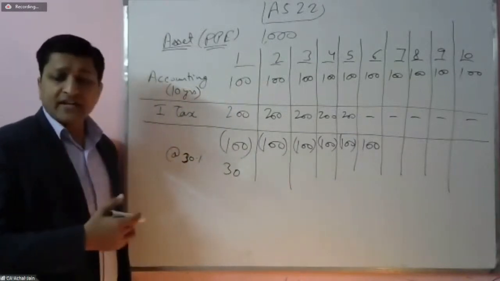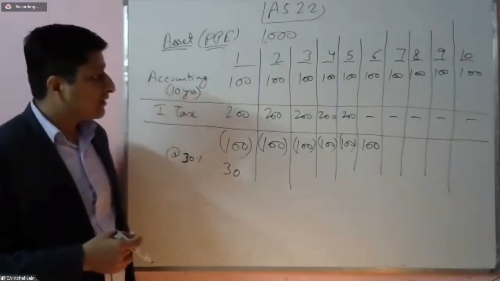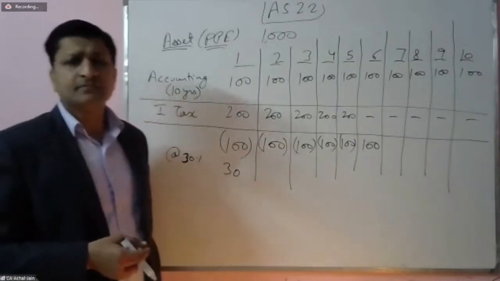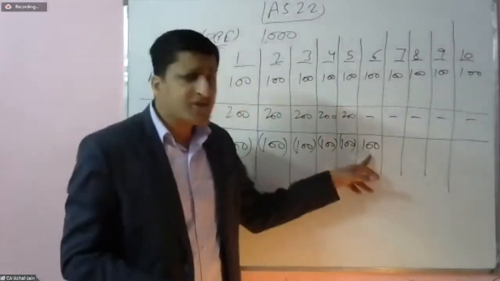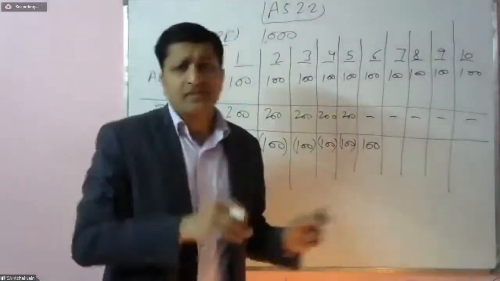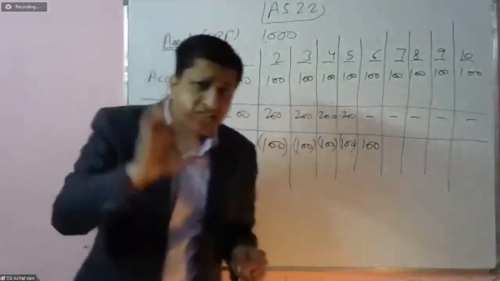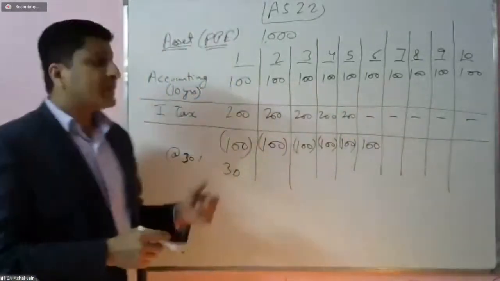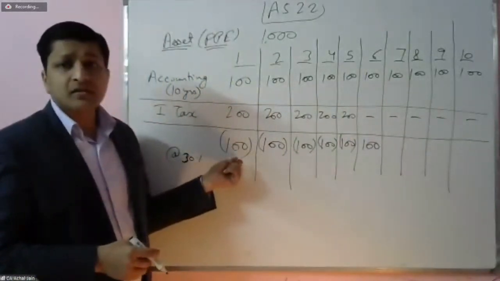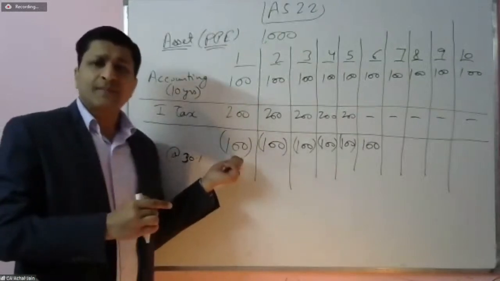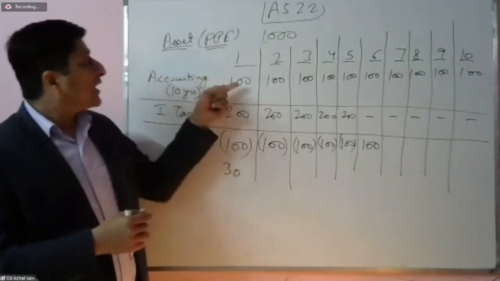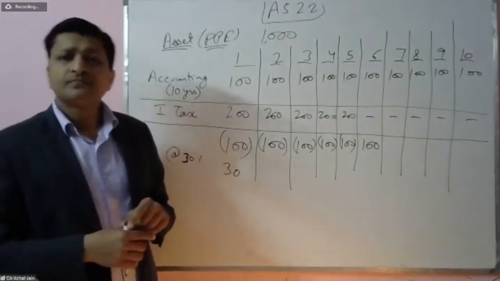I think we have the data available in front of us. We can clearly see that this situation of paying higher tax in the 6th year would not have arisen if I had paid tax in the 1st year on the accounting profit.